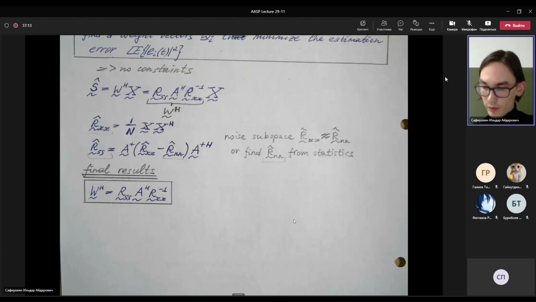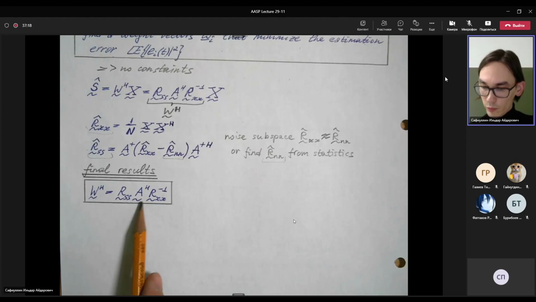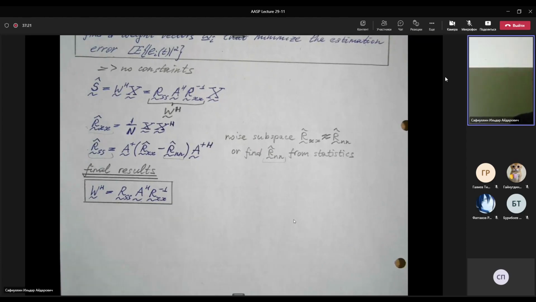So we compute this one, and of course we know the A Hermitian.